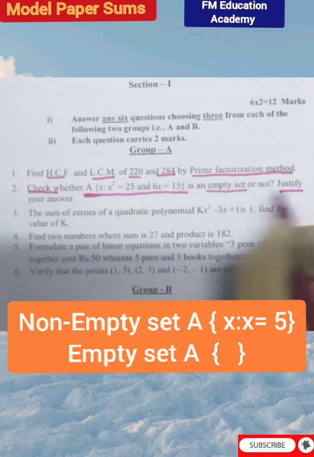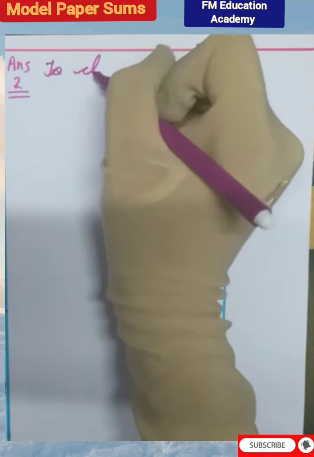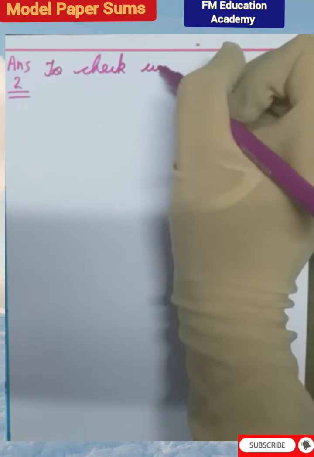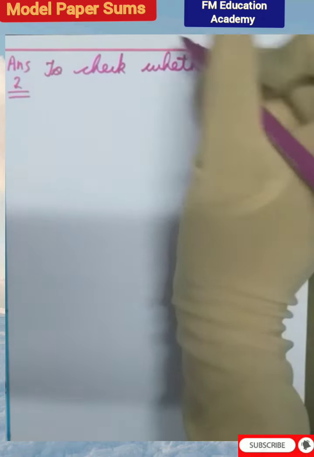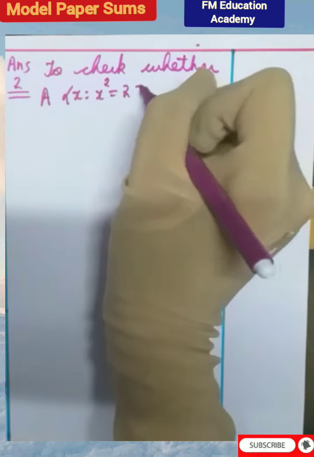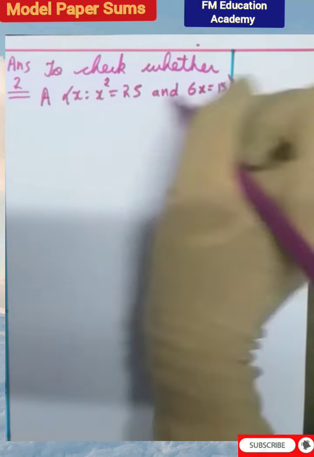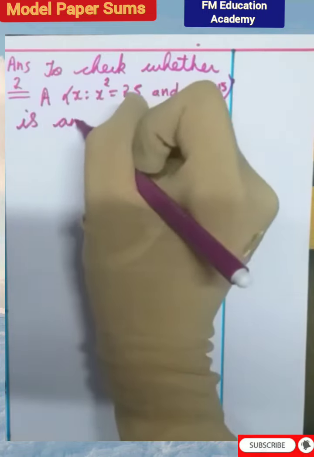And also we have to provide a proof for that. So here I have to check whether A = {x : x² = 25 and 6x = 15} is an empty set or not.